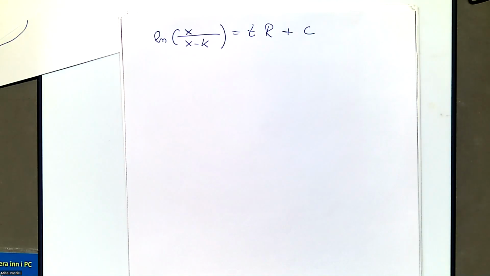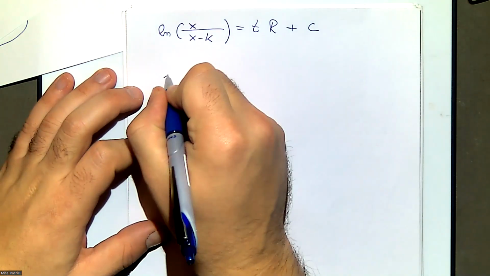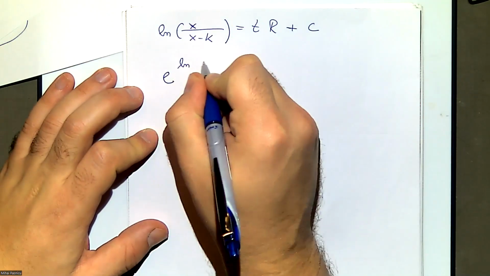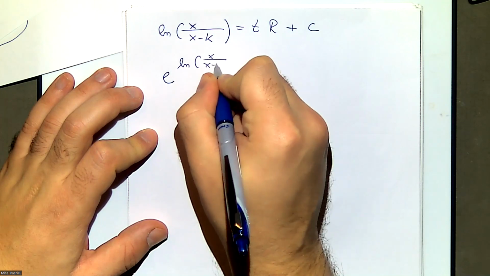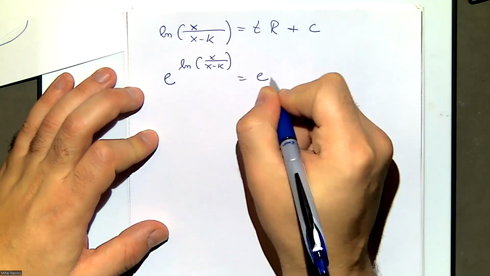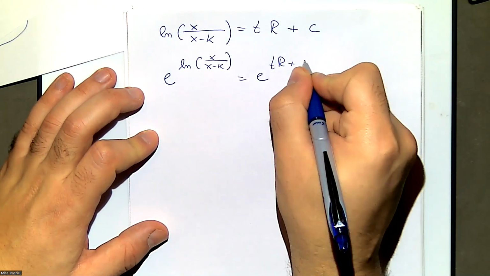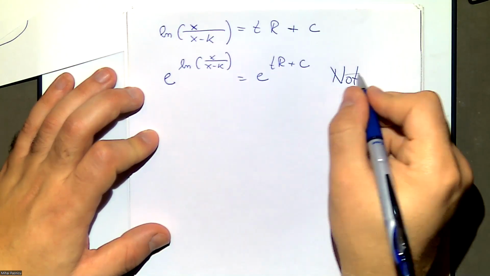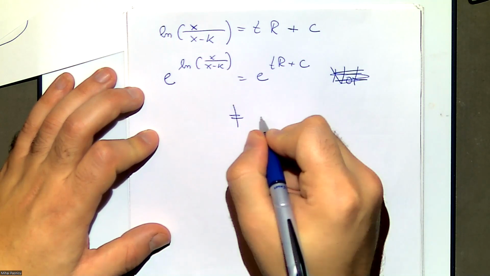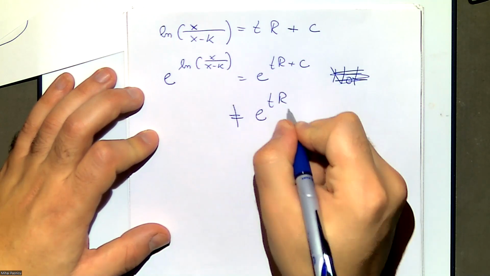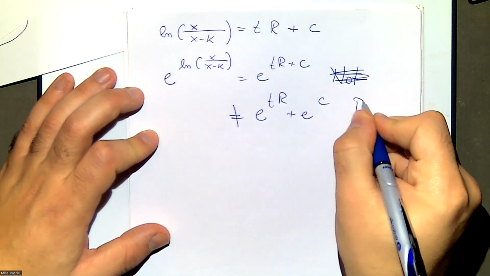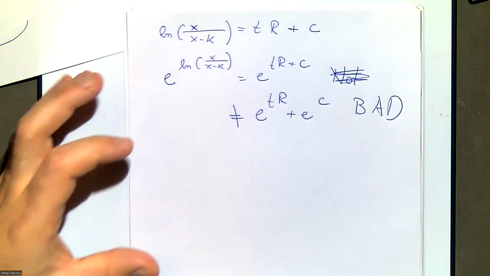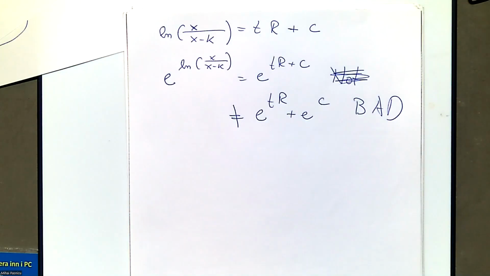And again, the same idea comes in. If I want to raise everything to the power of e, the correct way of doing it is e to the ln of x minus k is equal to e to the t r plus a constant. This is good, this is bad. There's a difference here.